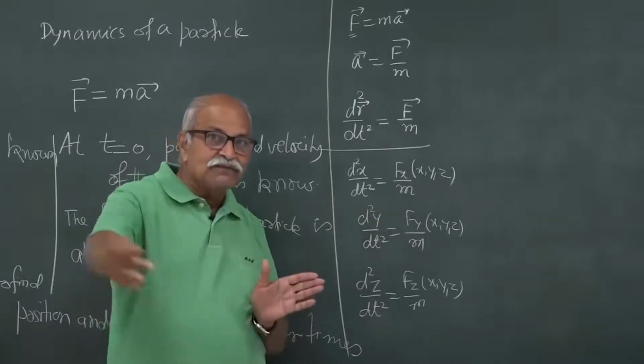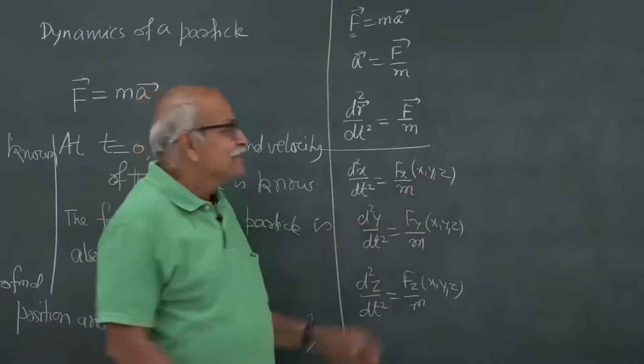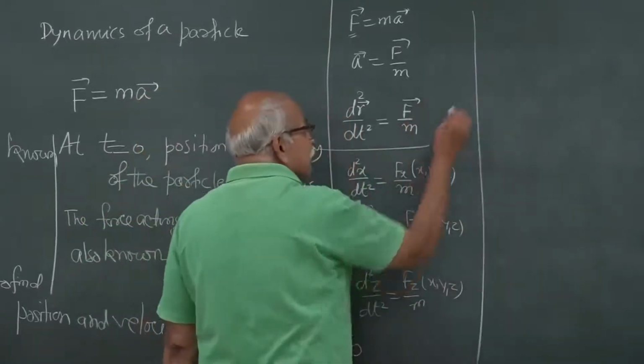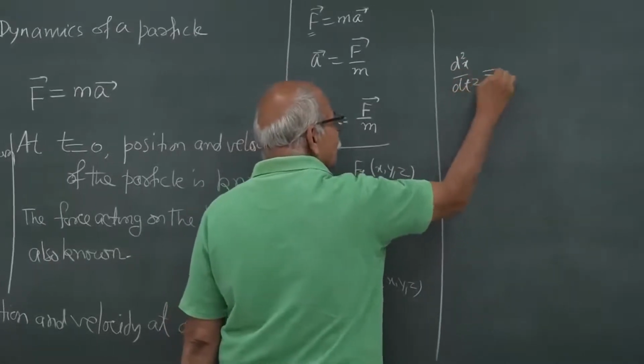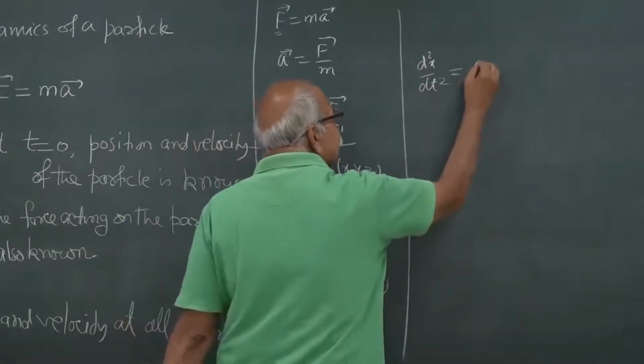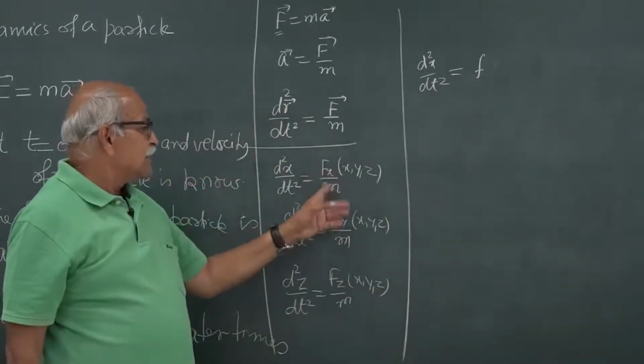it is constant, or during the entire motion of the particle we are interested in, this force is constant, then life is very, very simple. d2x/dt2 is equal to a known function Fx by m. This is constant, right? We start with constant force. So, this Fx by m is constant.